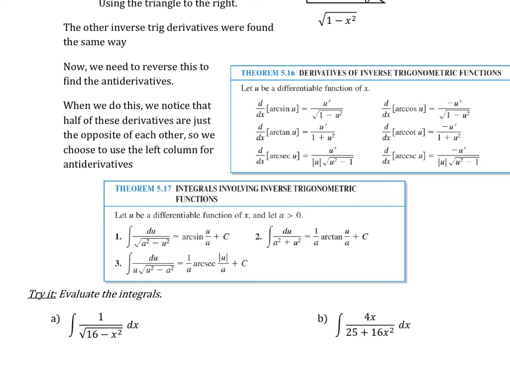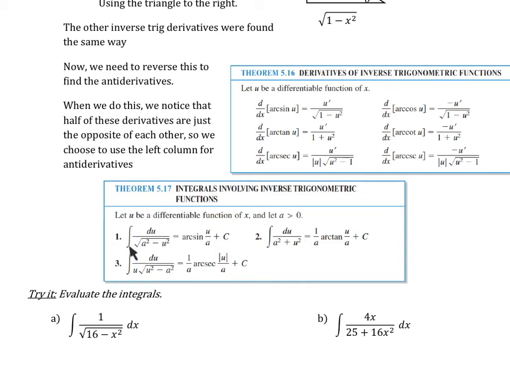When we integrate these, because these are only different by a negative sign, we only really need to do one, because when we integrate, we can deal with that negative. It'll work itself out, I should say. So really, all we need to focus on is the antiderivative of these, because these are all just the opposites.